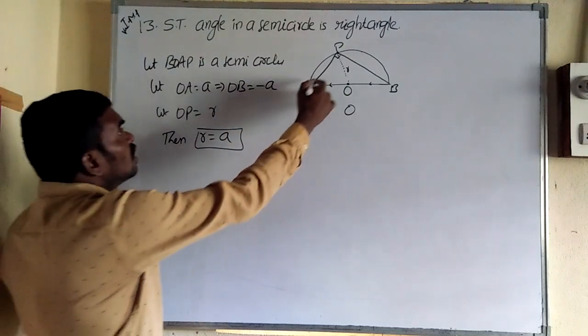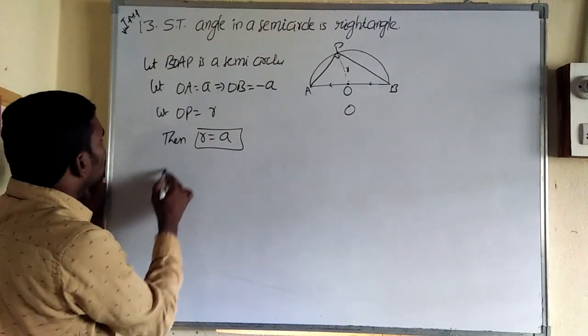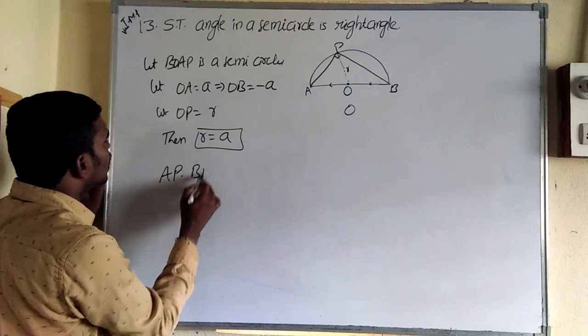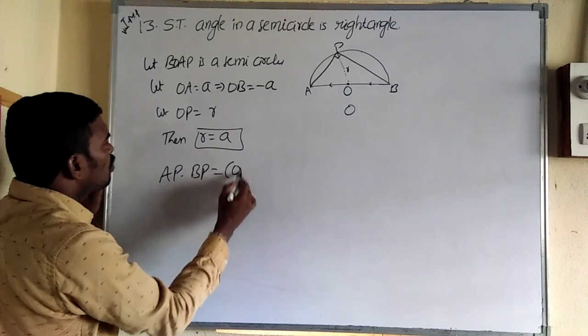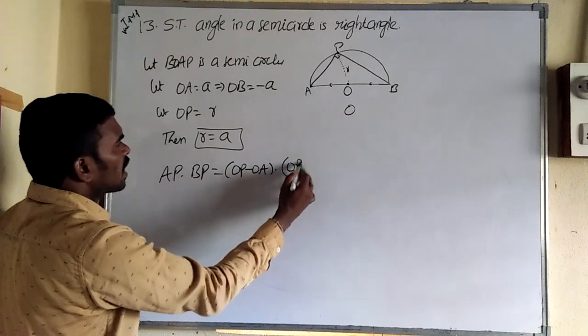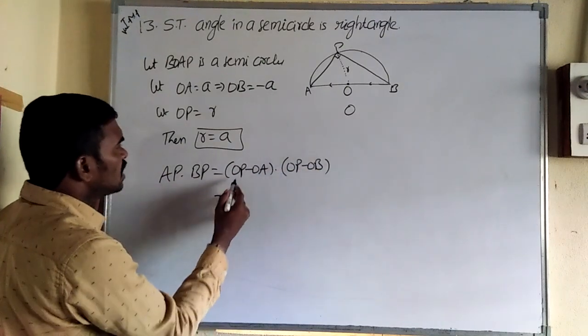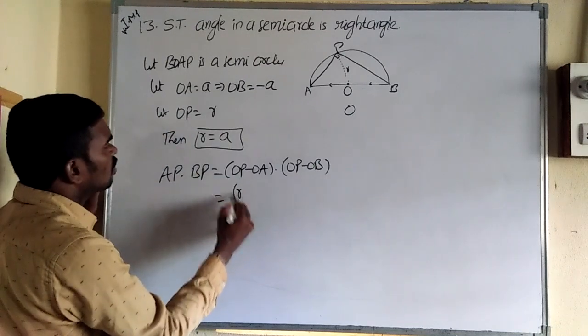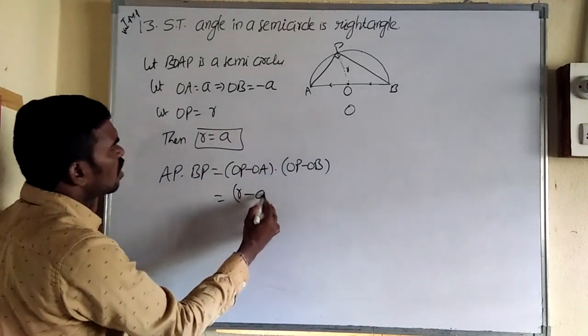So now take the dot product AP into BP. I'm going to find AP dot BP. AP means OP minus OA. BP means OP minus OB. OP is small r, minus OA which is small a.